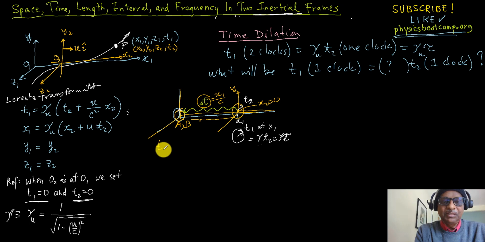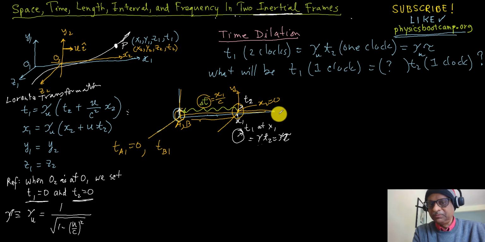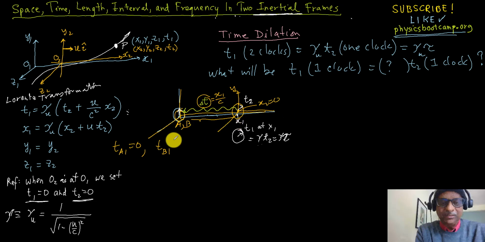So TB in frame 1, TA in frame 1 was 0, just when the clock had left, his frame was moving to the right.